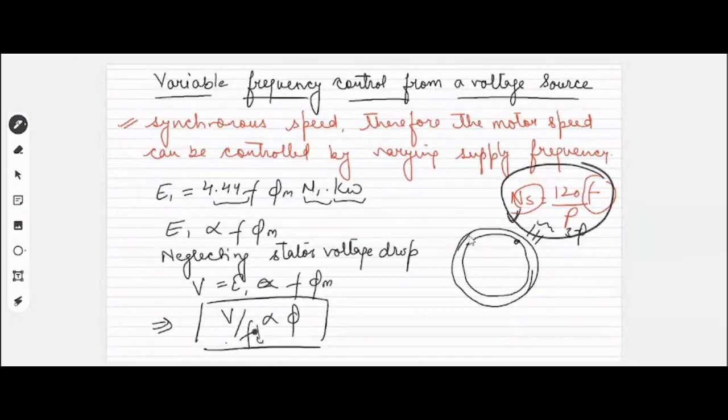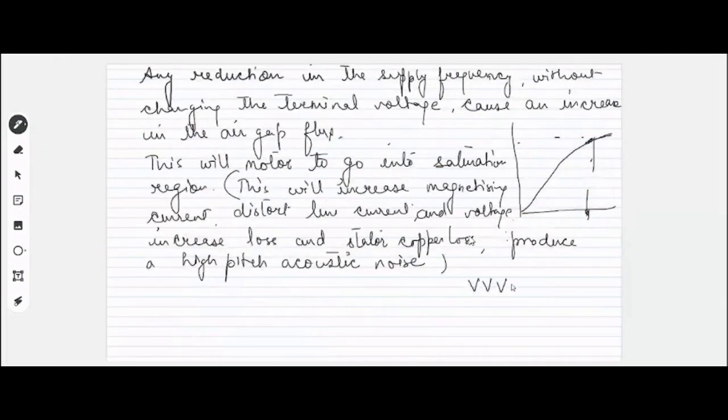When we reduce the frequency, we also reduce the voltage, and the operation is called variable voltage, variable frequency operation. Is this clear? The drive is called a variable voltage, variable frequency drive, VVVF drive. This is done by reducing the supply voltage along with the decrement in the frequency, such that your flux can remain constant.